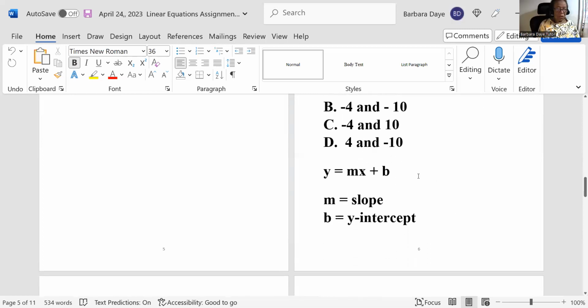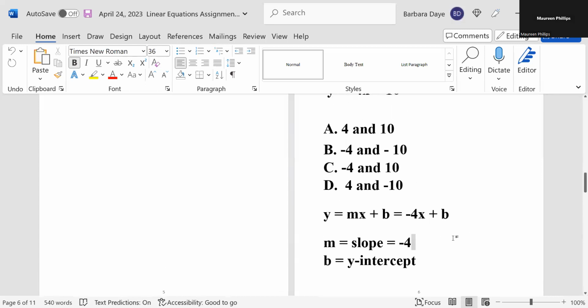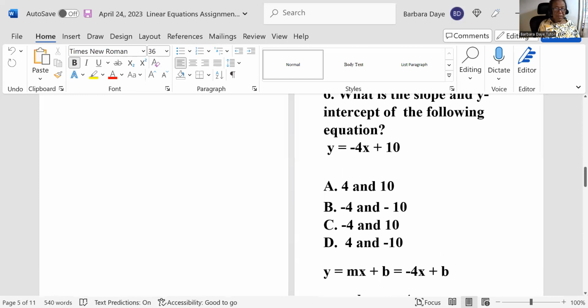All right. So when we substitute here, this will be minus 4x plus b. So the slope here is going to be negative 4. What's the y-intercept, Maureen? 10. That's right, because it says minus 4x plus 10.